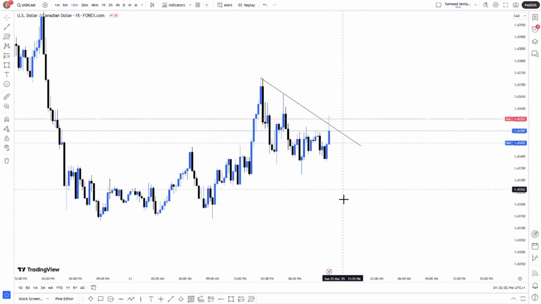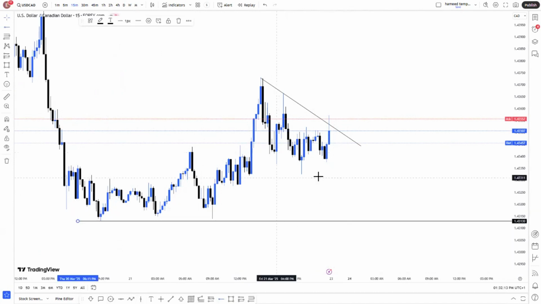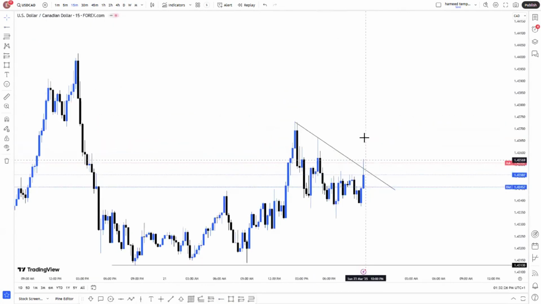It might come back down here and give me another reason to enter within this range, like here. I should see a confirmation to enter from here and continue moving from here. Or it might just break out of this trend line and give us a retest, then we join the move. That's it.